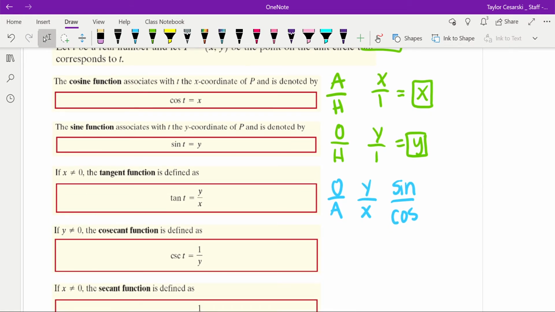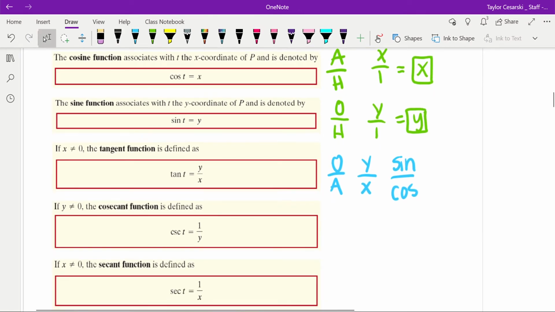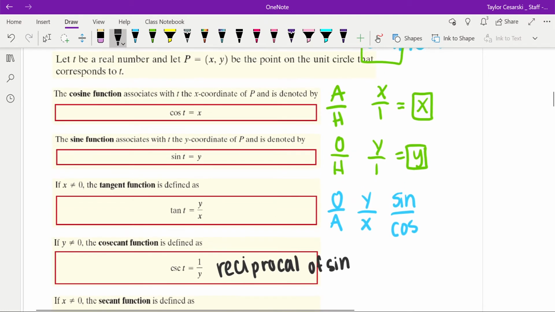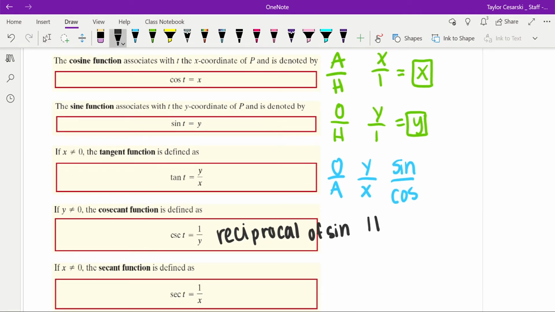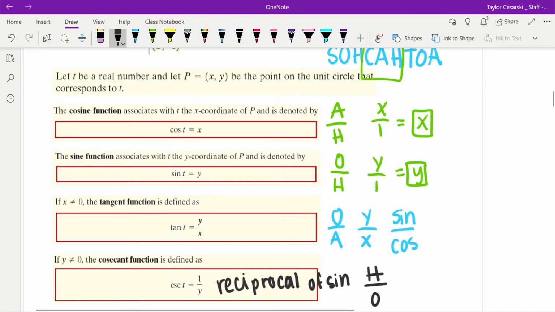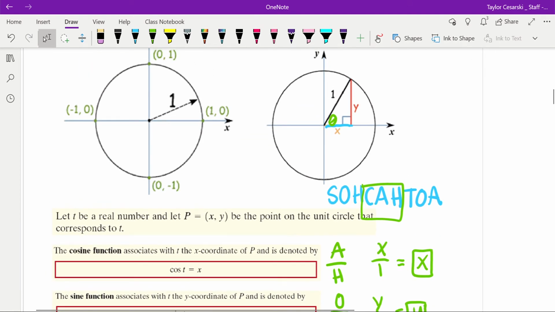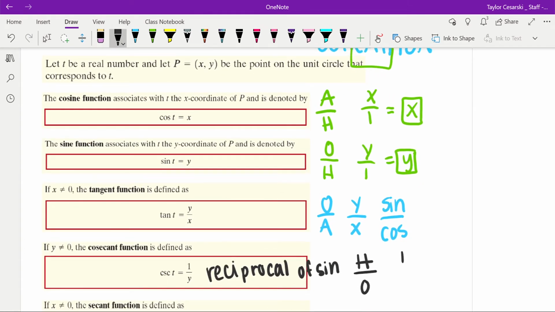Now, cosecant, depending on when you took Math 3, who you took Math 3 with, you may have seen this, you may have not, but cosecant is the reciprocal of sine. So how could we write that? Well, instead of opposite over hypotenuse, it's going to be hypotenuse over opposite. So the hypotenuse is 1 over my opposite is y, and we could also write that as 1 over sine of theta.